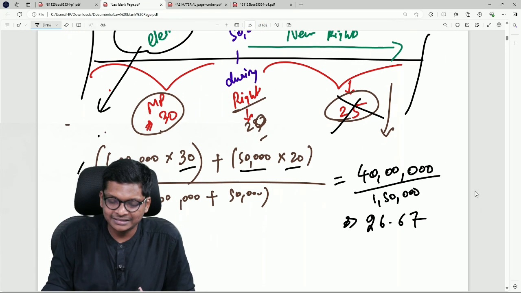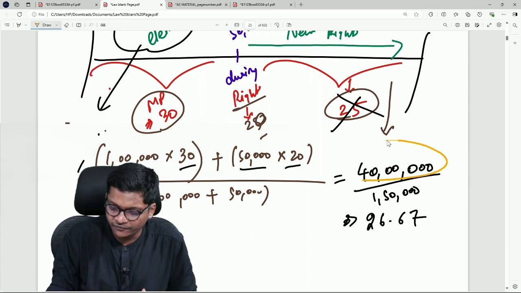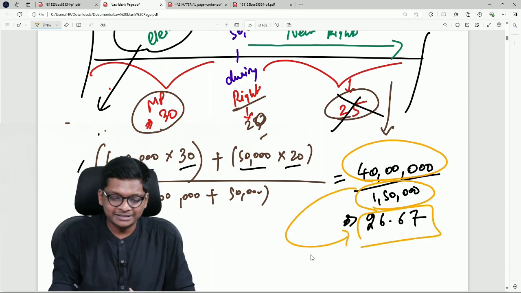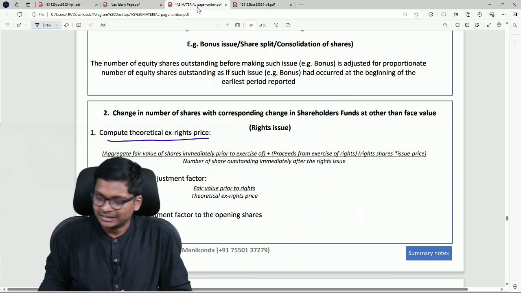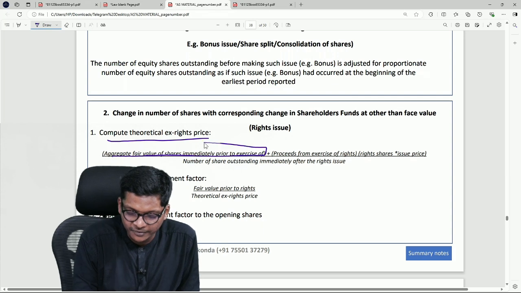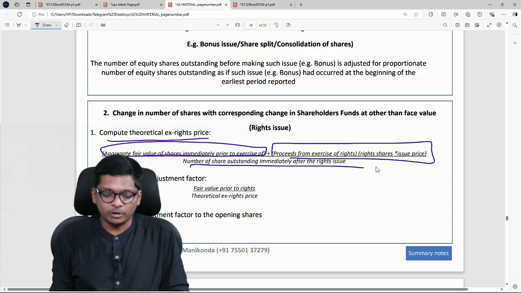The equation says the total investment by you is 40 lakhs for 1 lakh 50,000 shares. So one share is worth 26.67. This is called the theoretical ex-rights price. Look at this: share price before rights is how much you invested divided by total number of shares.